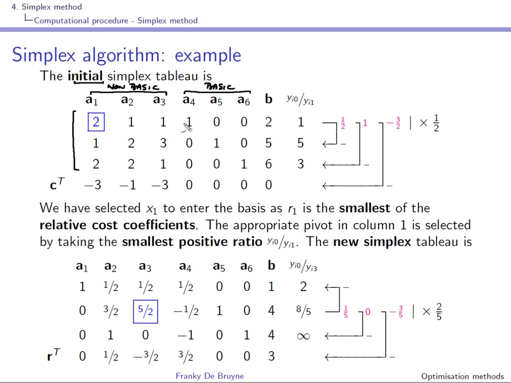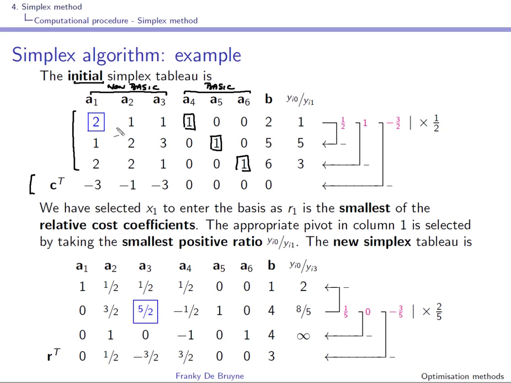So x4 is equal to 2, x5 is equal to 5, and x6 is equal to 6. x1, x2, x3 are non-basic, so they are set to 0. So what we'll do now is also write the costs in the tableau, and this is what you obtain. And as you can see, below and above the pivots we have zeros, right?